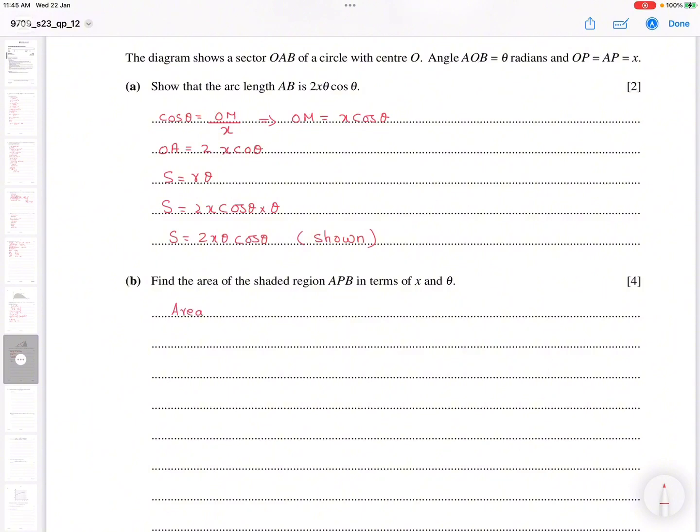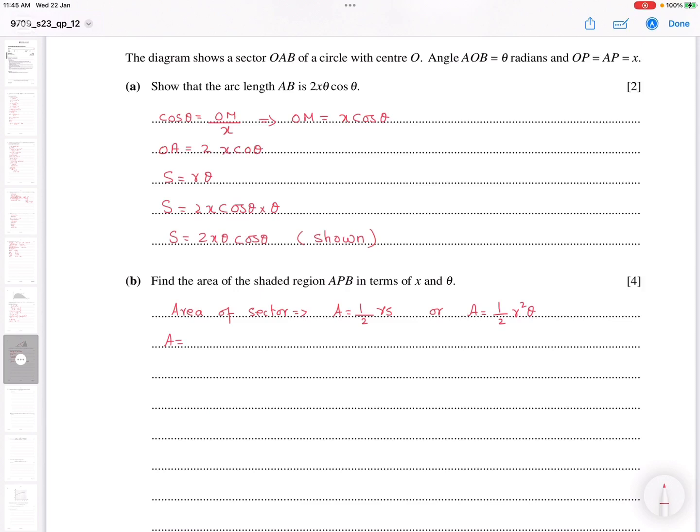Area of sector, the formula is A equals 1 over 2 rs, or area equals 1 over 2 r square theta. I'm going to use 1 over 2 rs.